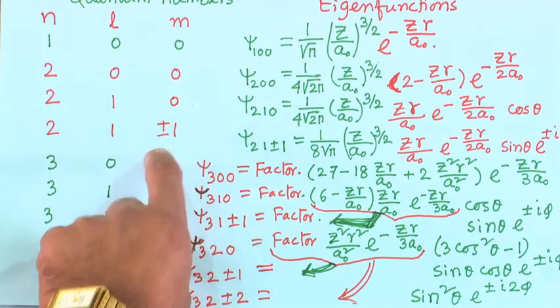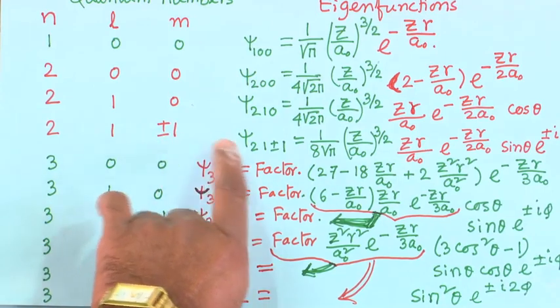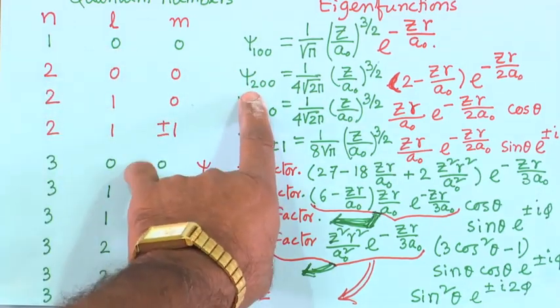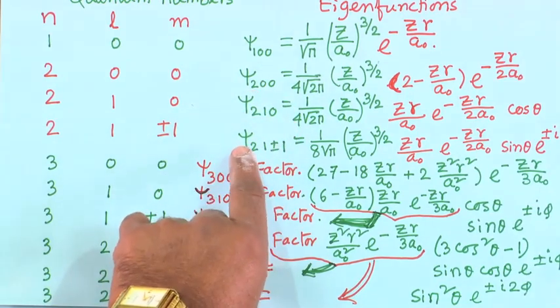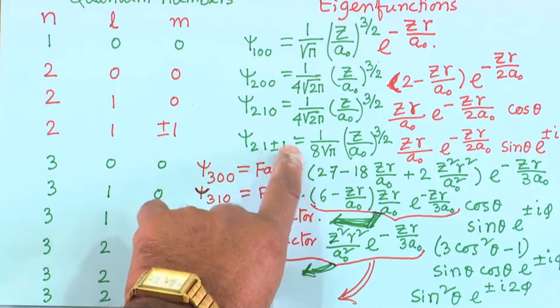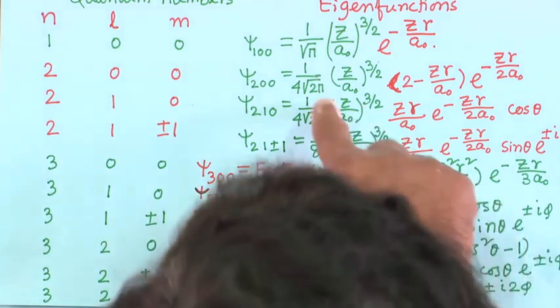And for that you have the functions psi 2 0 0, psi 2 1 0 and psi 2 1 plus minus 1, and their form is like this.